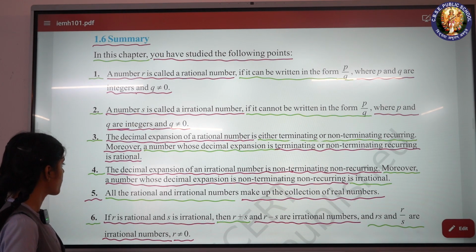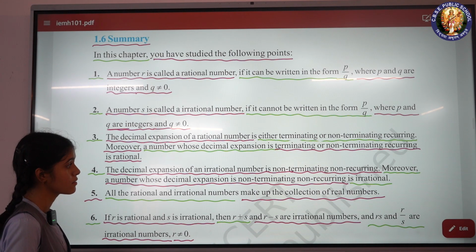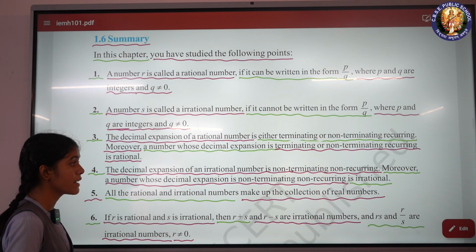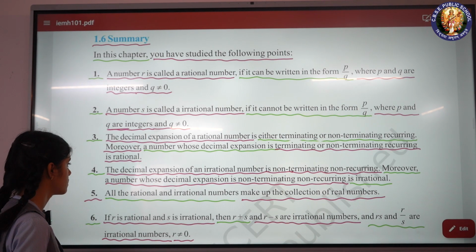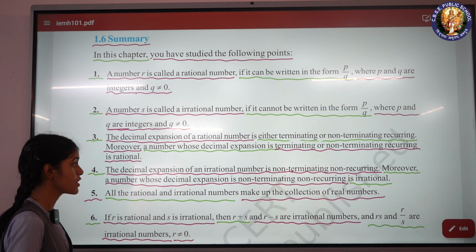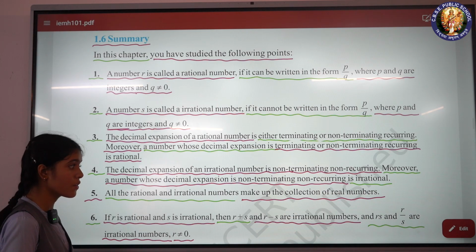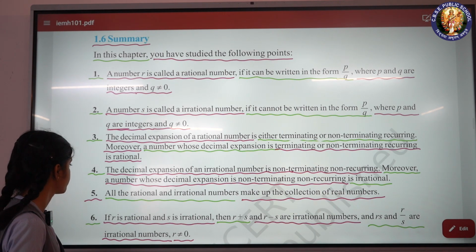Fourth, the decimal expansion of an irrational number is non-terminating non-recurring. Moreover, a number whose decimal expansion is non-terminating non-recurring is irrational.